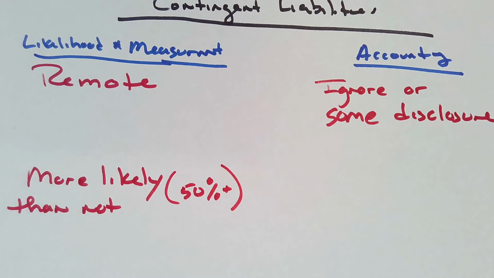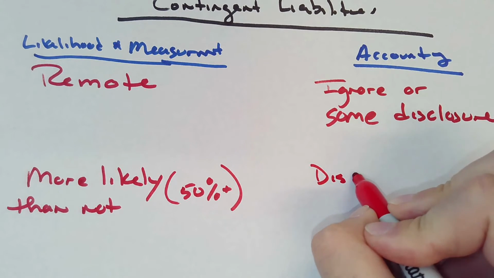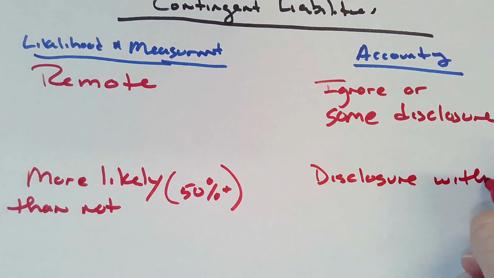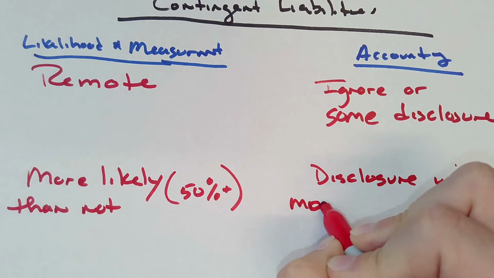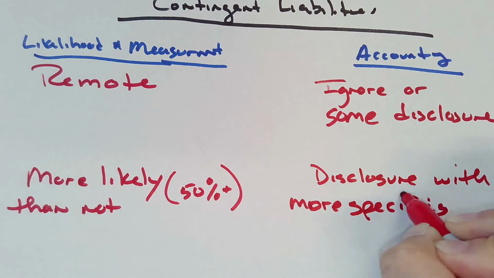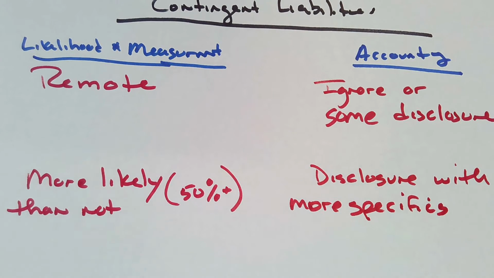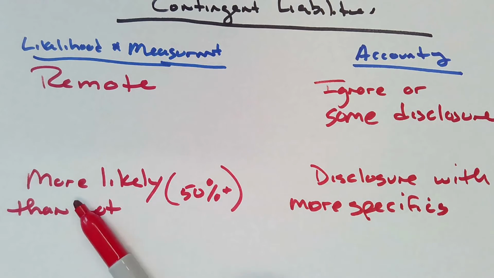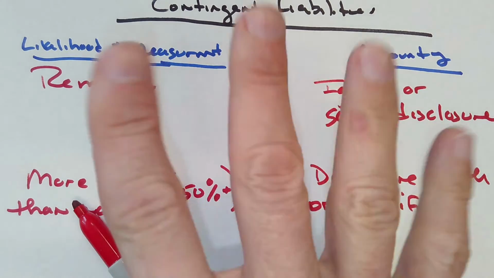This is also going to require some disclosure, with more specifics. And that might include how much you're being sued for, what the outcome could be, and most of the time we'll say we believe that more likely than not we'll be successful. Because it's a 50-50, right?